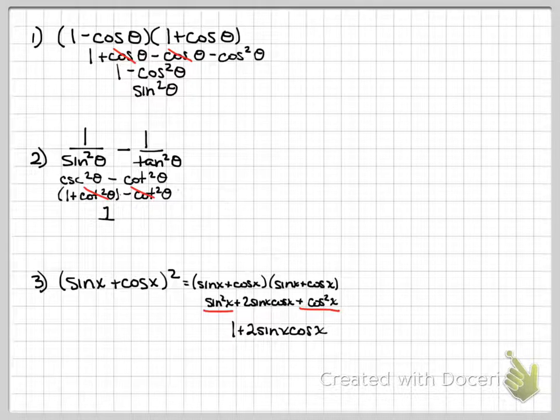Now looking at that, I don't have another identity that's just sine x cosine x right now, because all my other identities involve squares, or they involve a fraction to try to change it to a tangent or cotangent. So we're done with this one. Okay, so let's move on to number 4.